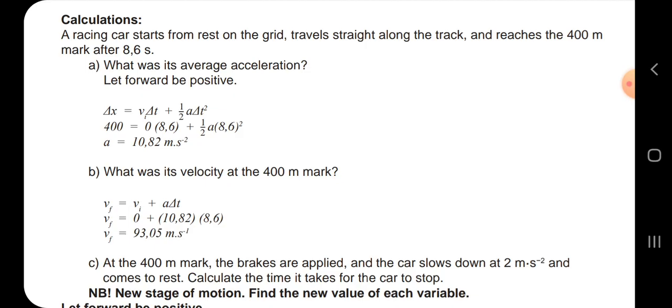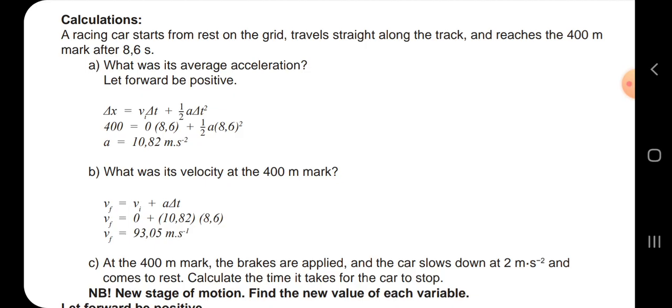A racing car starts from rest on the grid. So there's a car that starts at rest, meaning it is not moving, and then it starts moving straight along the track and reaches the 400-meter mark after 8.6 seconds. So the question says, what was its average acceleration?